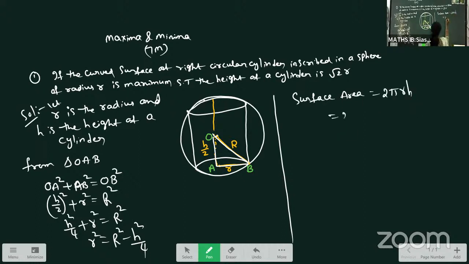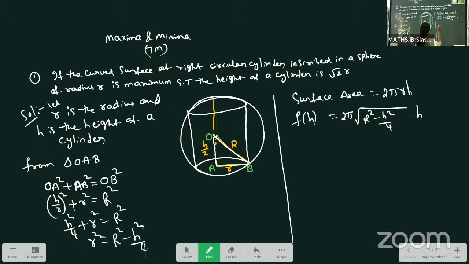So 2 pi as it is, and for r we have the square root of capital R square minus h square by 4, into h outside. Let this function be f of h. For the maximum value, we want f double dash of h. If f double dash of h is less than 0, we can say that it has the maximum at that value.